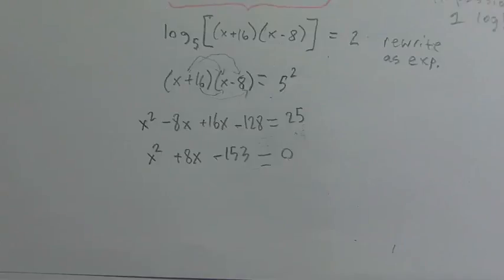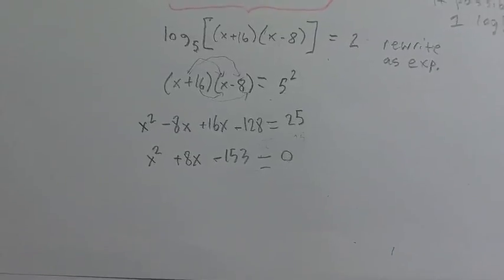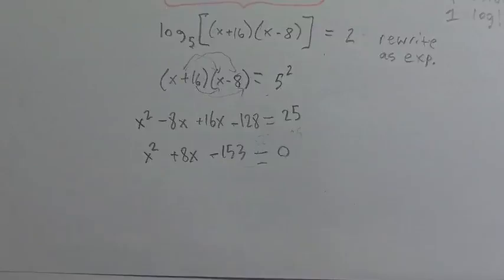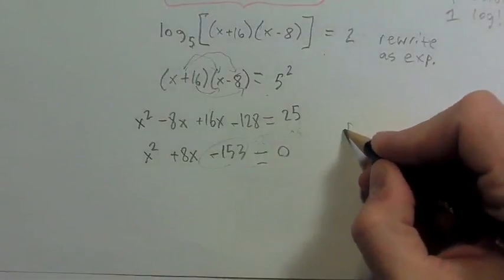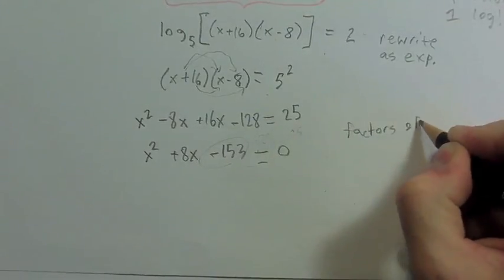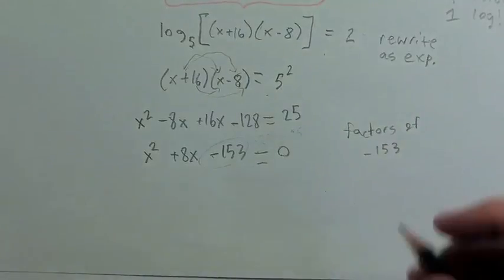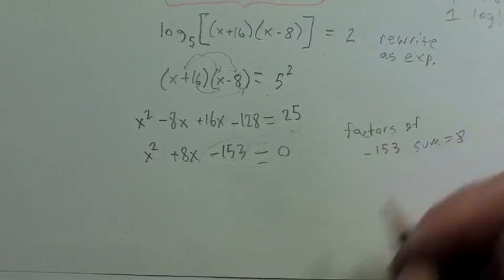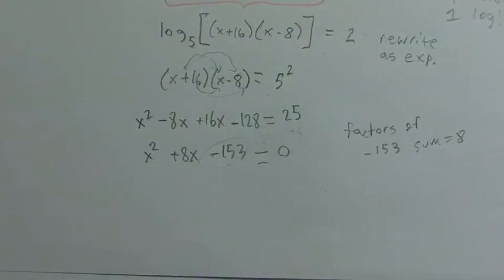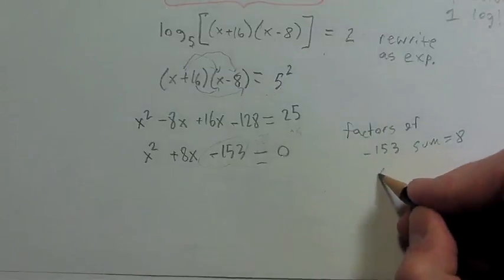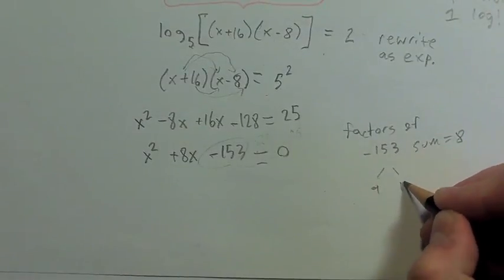We can try and factor this, or we could use the quadratic formula, but I think it might factor. Let's see. I want factors of negative 153 that sum up to 8. So 153, if I divide that by 9, I get 9 and 17.